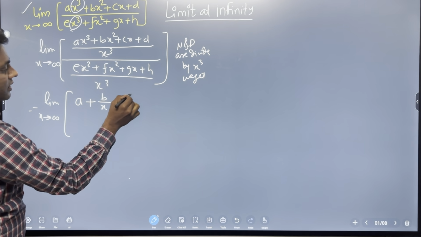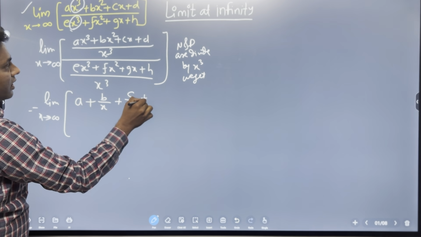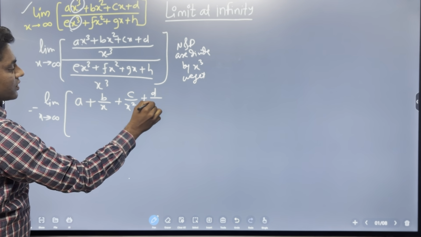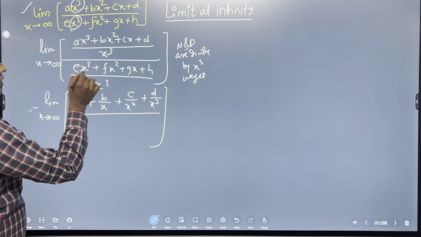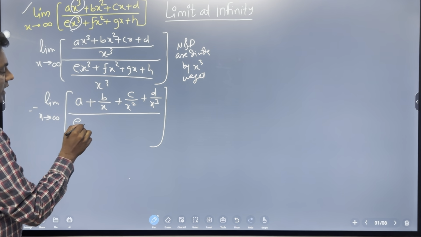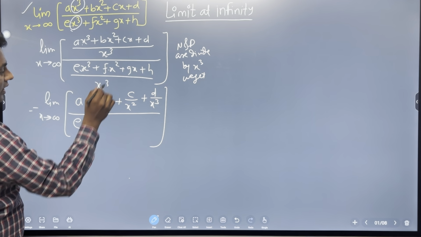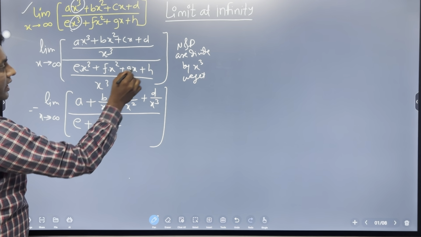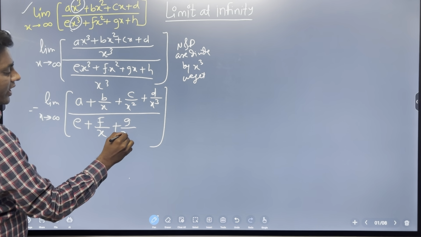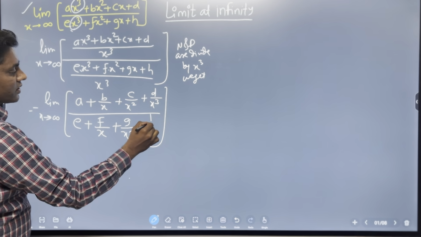Single x gets cancelled, so c by x square remains, and last is d by x cube. In the denominator, after dividing each term by x cube, we get only e. Then f divided by x, g divided by x square, and at the last h divided by x cube.